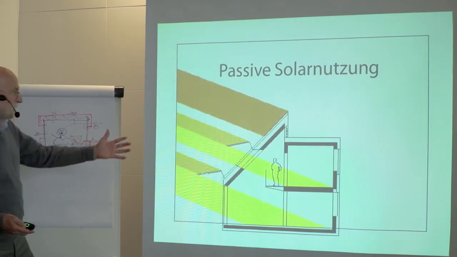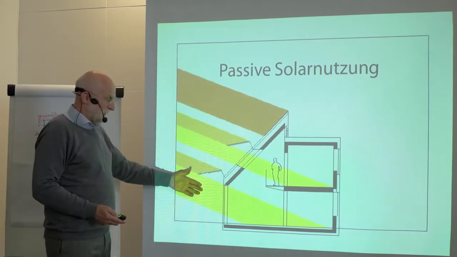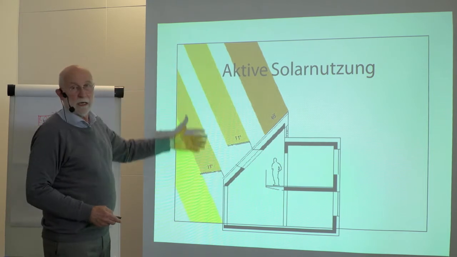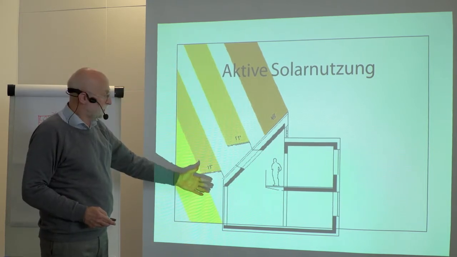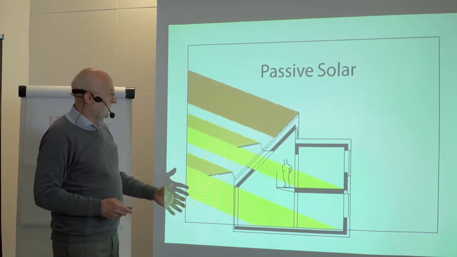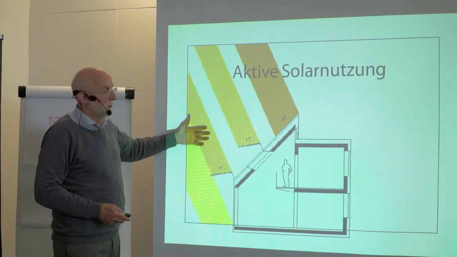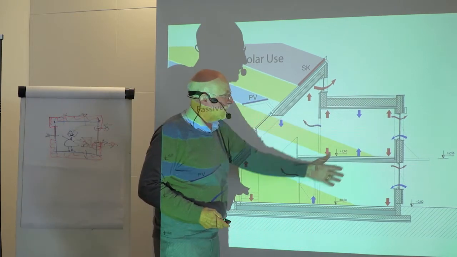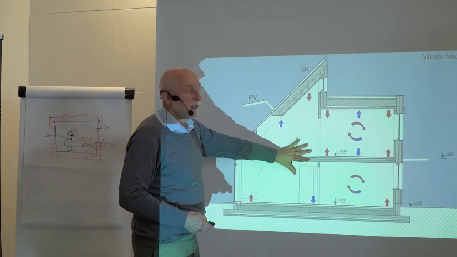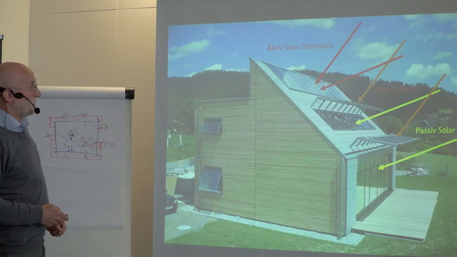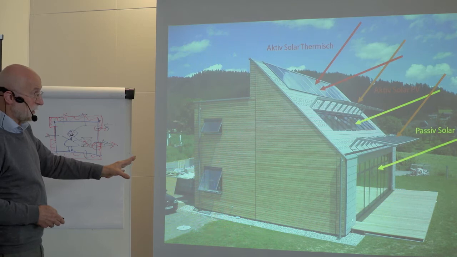It's very simple. Sun comes in winter, sun goes up in summer, and cannot enter into the house. So it's cooling in summer, next winter comes, sun gets in, next summer comes, no sun gets in. The sun rays are heating up the building mass, and during night we have some heat in the house. Does it work in this example?